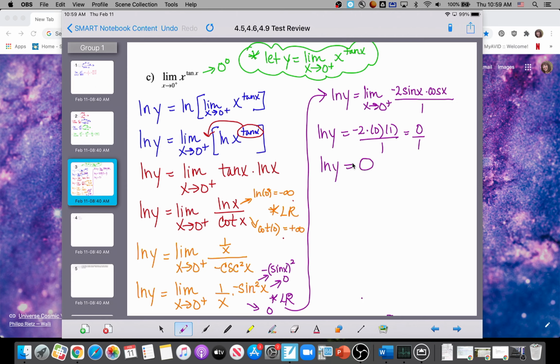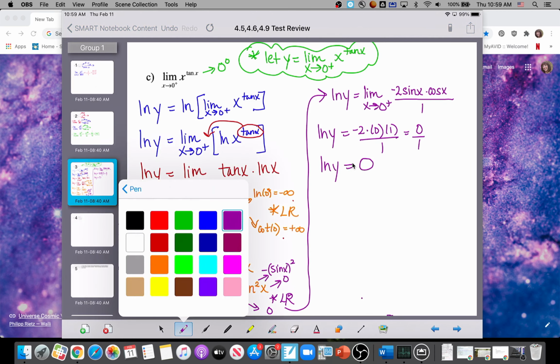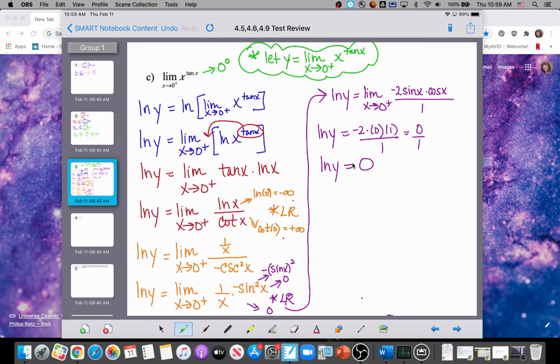Okay, now I'm not done, remember, because I called my limit y, and then I took the natural log of both sides. So now I need to go back and undo that natural log with a base of e. So I am going to raise both sides to a base of e. On the left side, the e and the ln cancel, and I get y equals e to the 0.